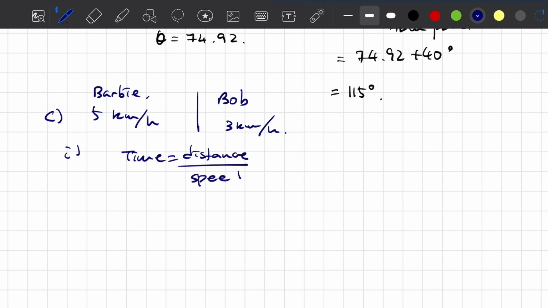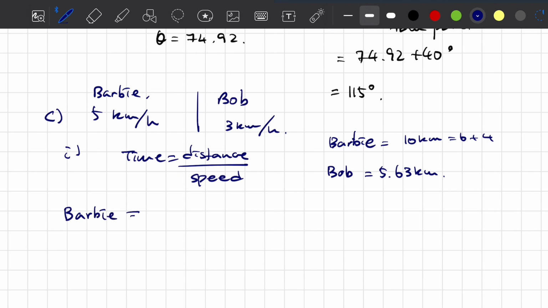Barbie hiked about 10 kilometers, which is 6 plus 4, and Bob hiked about 5.63 kilometers. So Barbie took 10 kilometers divided by 5 kilometers per hour, which is about 2 hours.